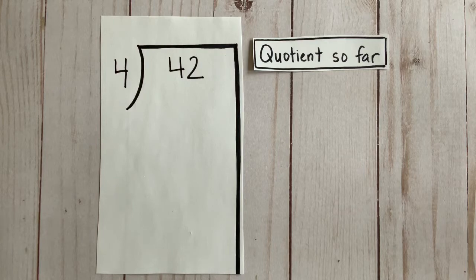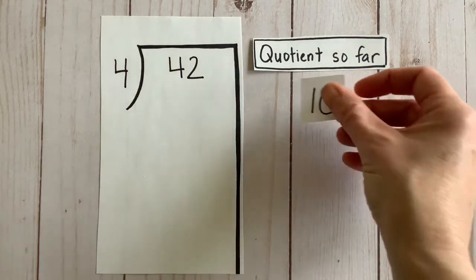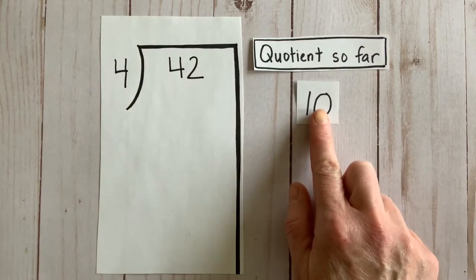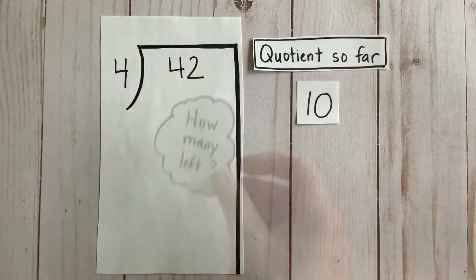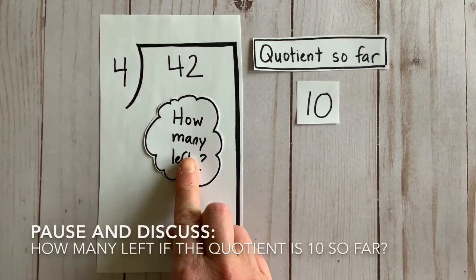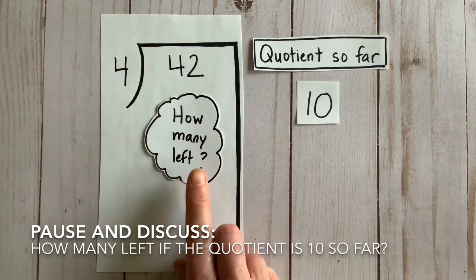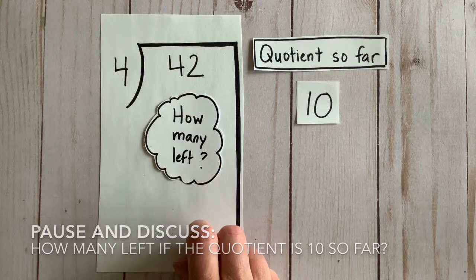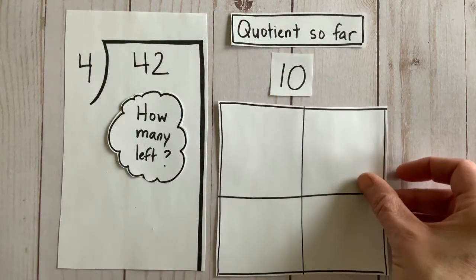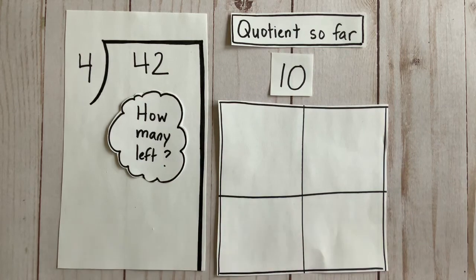Now, we thought that 10 would be a reasonable quotient so far. The next step is to figure out how much of the dividend is left over. What are your thoughts? Pause and discuss. Before we commit to an actual number left over, I'm going to remind you that we didn't just use 10 of our dividend.